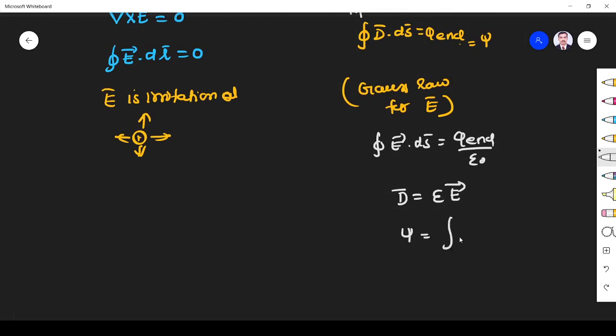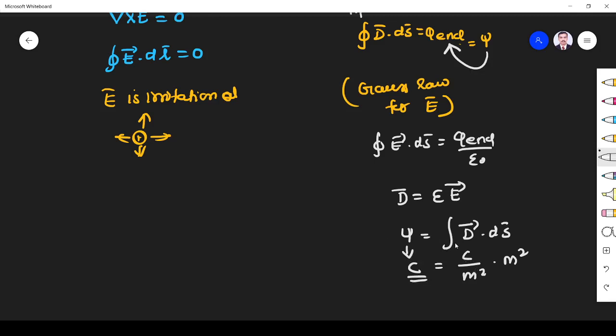Psi is equal to closed integral D dot ds. D is flux density, which is Coulomb per meter square, and area ds is meter square. What you get is flux. Flux is equal to charge enclosed, so the unit of flux is also Coulomb.